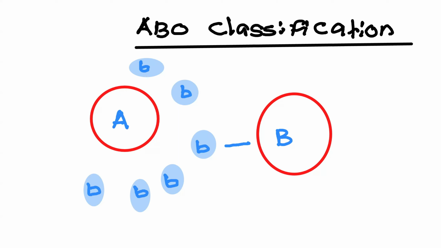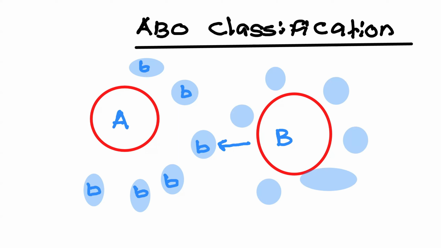If B comes towards A, what happens? These antibodies immediately attack B. They are targeting and coming to B, and attack and then destroy it. Therefore B is unable to go towards A.